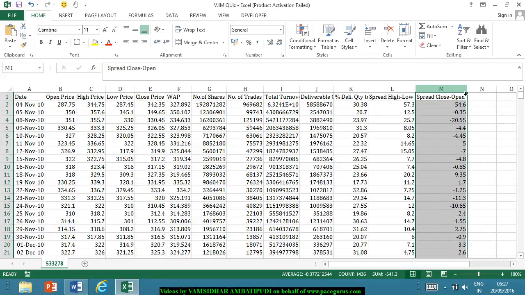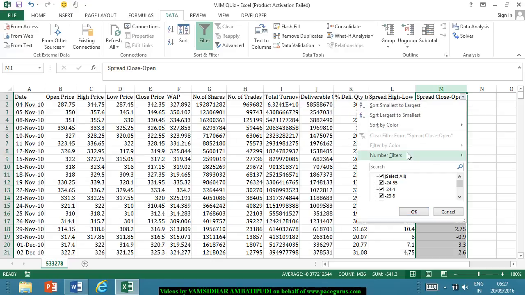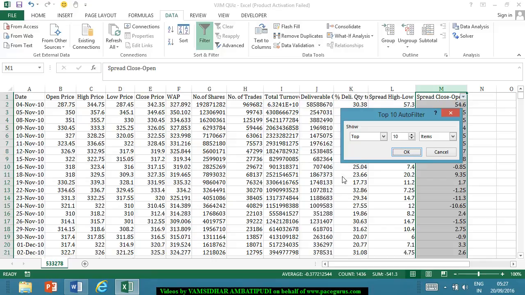So if I want to get the least value, there are multiple ways. Either I could have sorted, or I can take a filter wherein I'll take the bottom one. I'll perform a filter for this wherein I will take the top 10, wherein I'll go with the bottom and I'll say bottommost one.